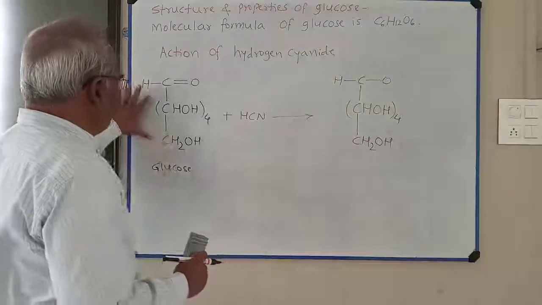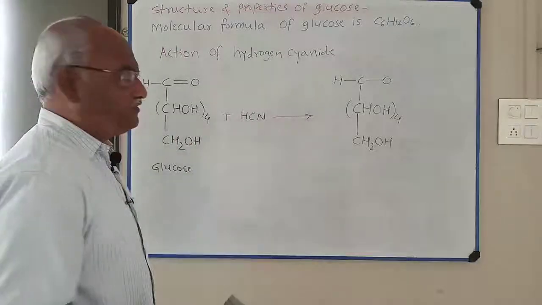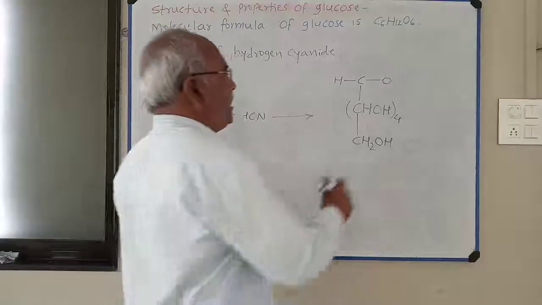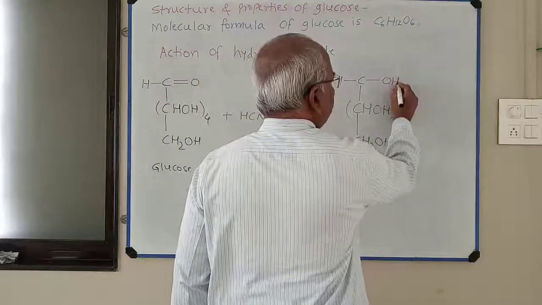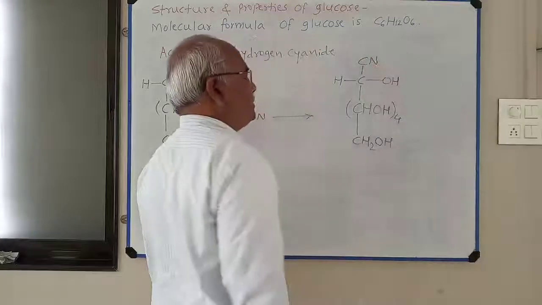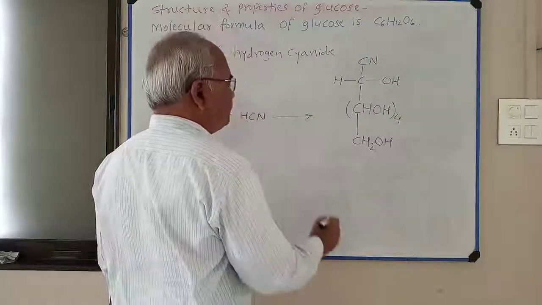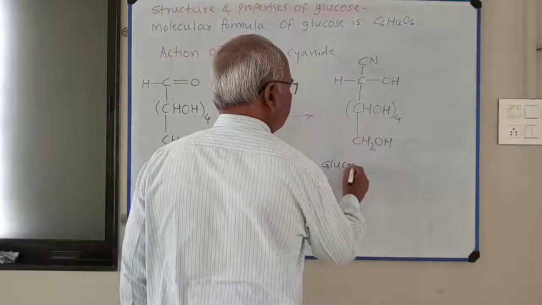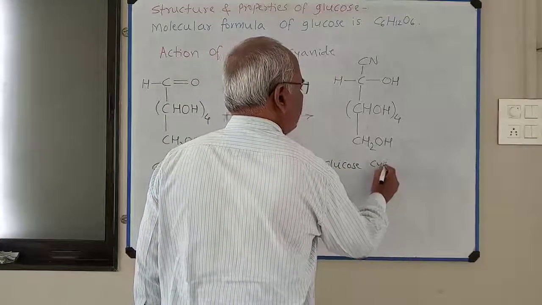The remaining part I wrote as it is. Change is taking place here. Hydrogen is added to this oxygen and CN is added to this carbon, and this cyanohydrin is produced, glucose cyanohydrin.